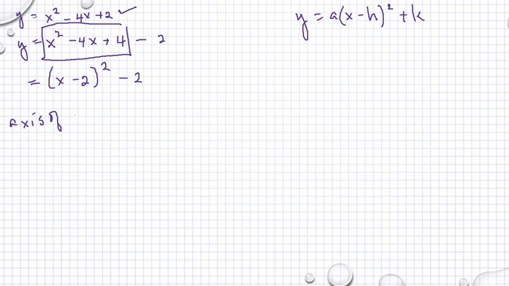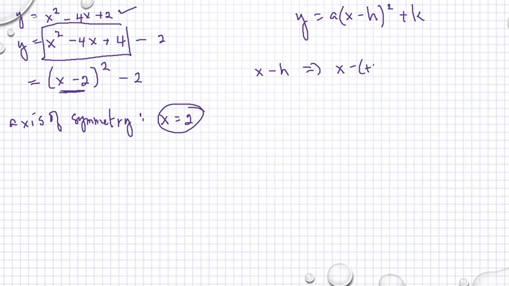Axis of symmetry is x is equal to 2. Here, our h is positive 2, because we have x minus h, and then we have x minus positive 2, then x minus 2, that one.